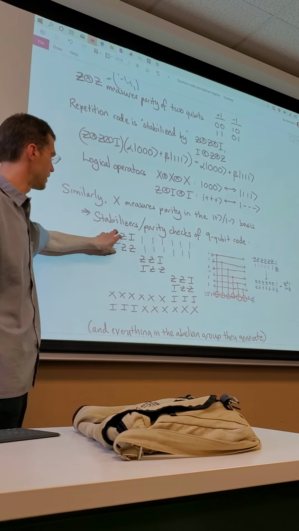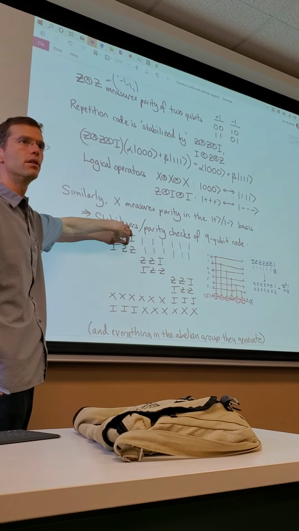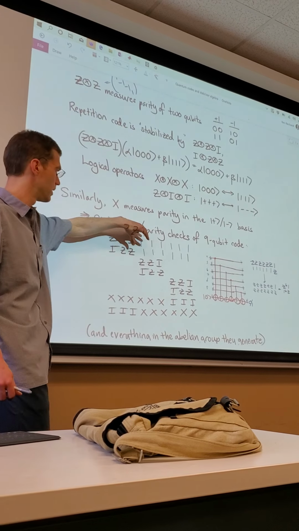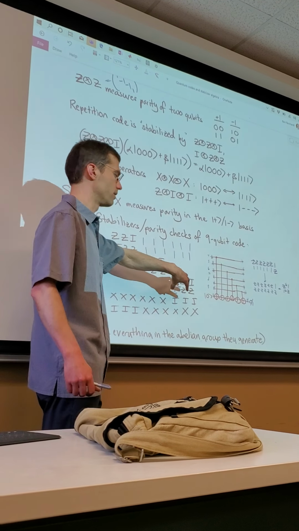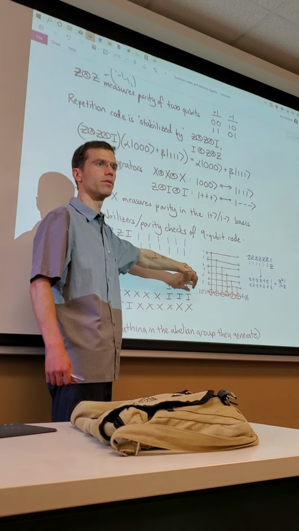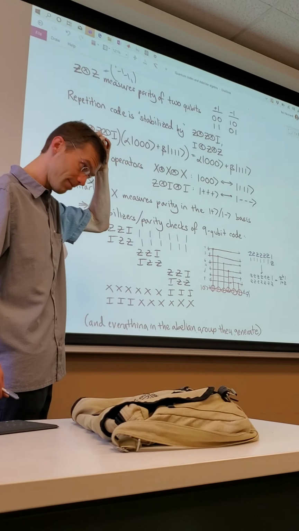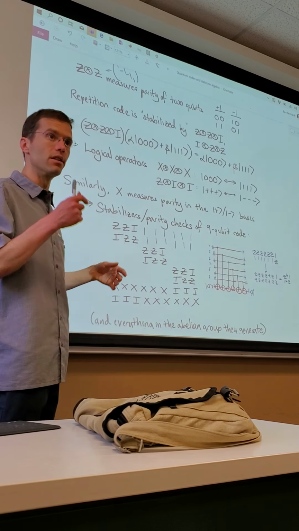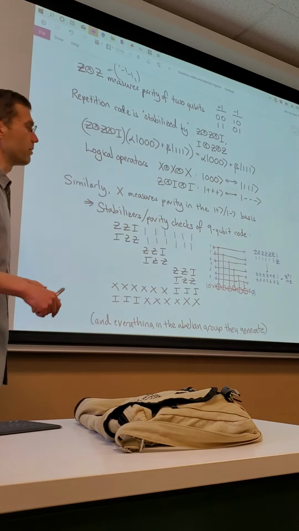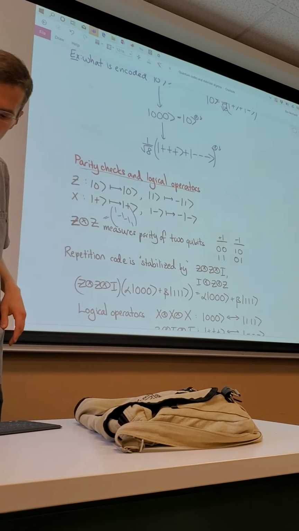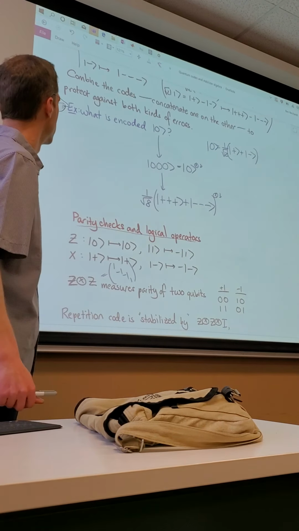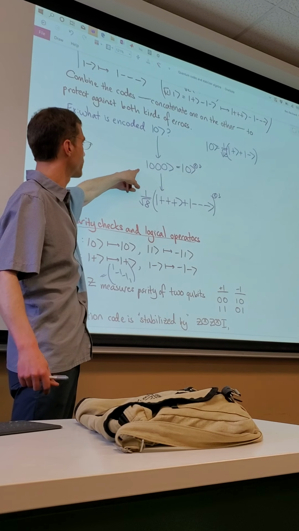So these guys are the identity on the last 6 and only working on the first 3 qubits. These guys are only working on the middle 3 qubits, and these guys are only working on the last 3 qubits. And so I have 3 copies of the repetition code.